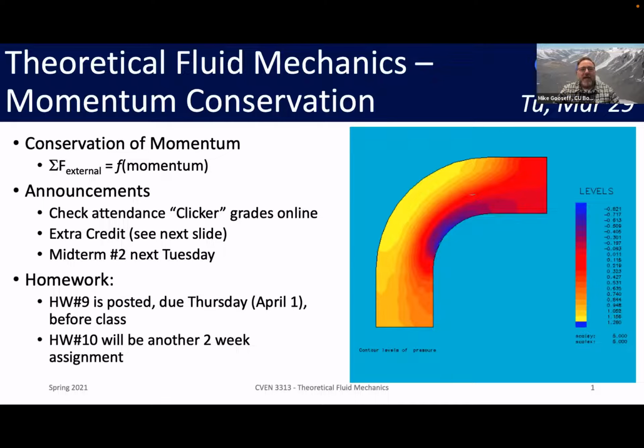Remember that from an email I sent you, I think last Thursday, just check your attendance or clicker grades online. Don't trust the one that's in the clicker or Reef app. I'm going through and figuring out if you were here on a given day and you responded to a question, I give you a 1.